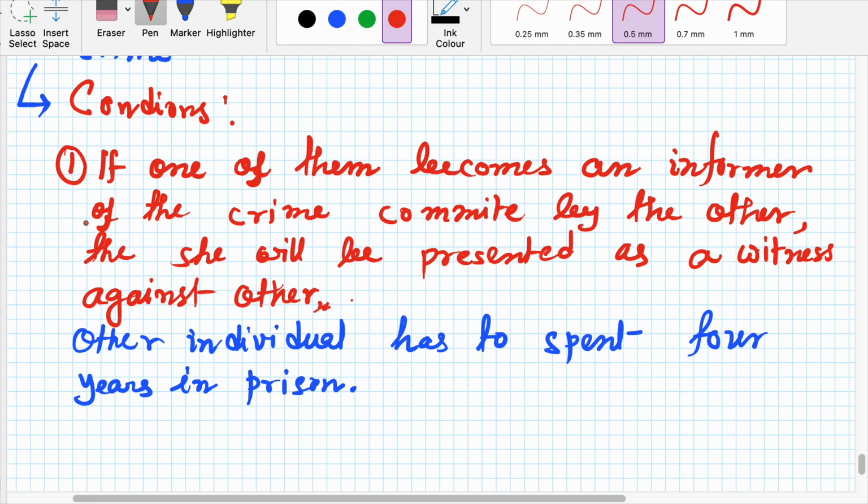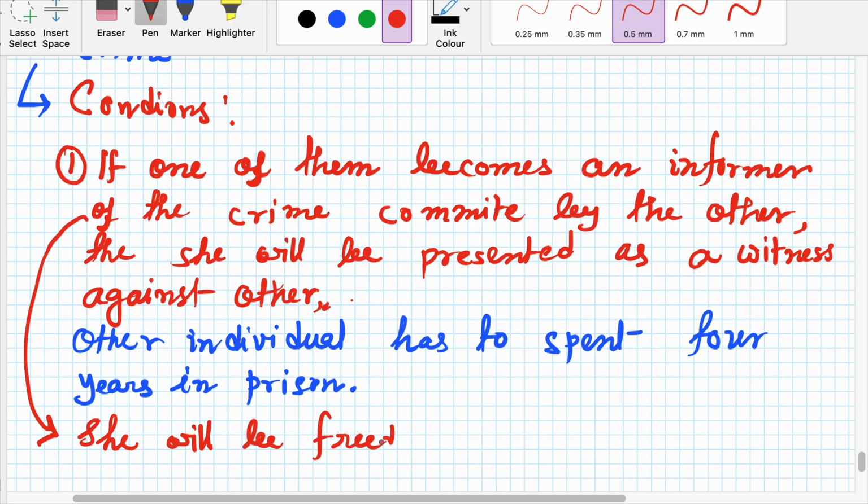However, since this individual is ready to serve as a witness against the other individual, he becomes an informer, and the court will give him a prize. That prize is that he will be freed.